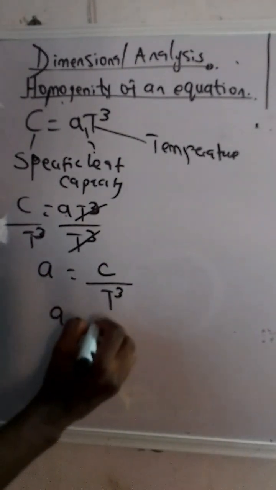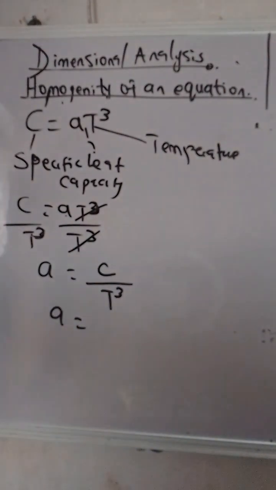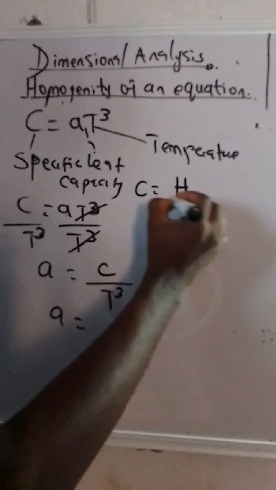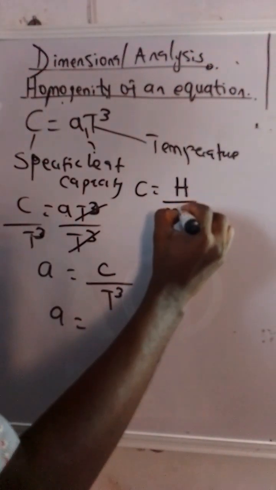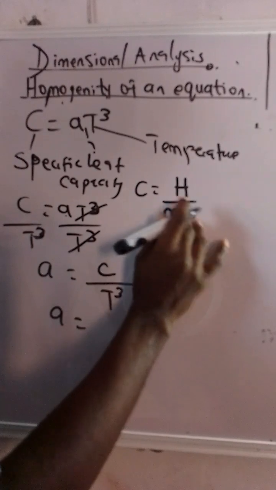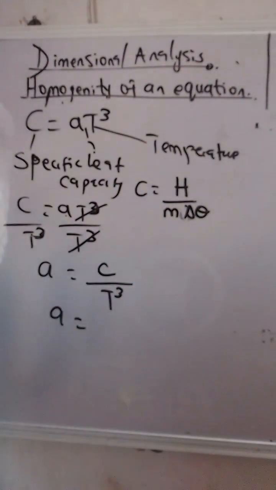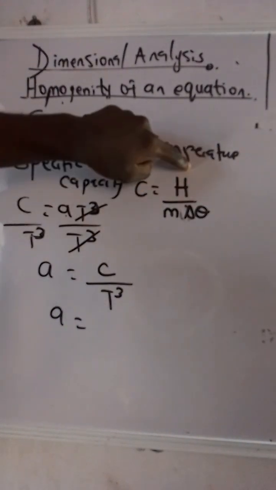And now what is my specific heat capacity? If you guys can remember very well, specific heat capacity is the amount of heat required to raise the temperature of a mass by 1 degree Kelvin or Celsius. Are you getting my point? That means the first thing that you have to do is look for the unit for specific heat capacity.